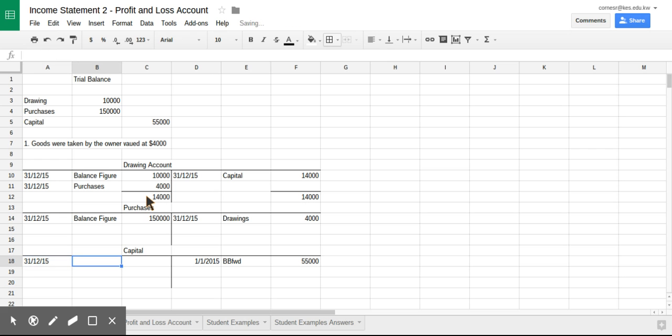We write a summary of the capital account for the year at the bottom. Let's imagine that the business also made £15,000 profit. That's actually going to increase the owner's investment in the business, because all the profit belongs to the owner.